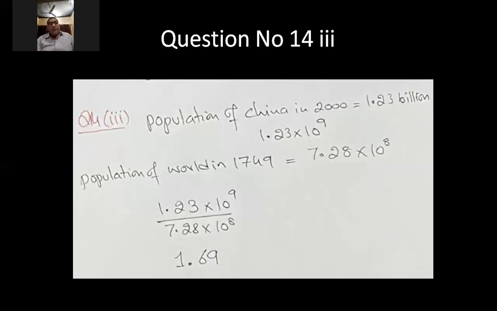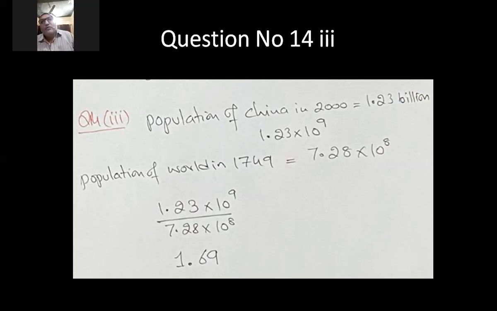Okay, the third part of question number 14, it says the number of times that the population of China is as large as that of the world in 1749. So you can see that the population of the world in 1749 is given in the table, that is 7.28 × 10^8.